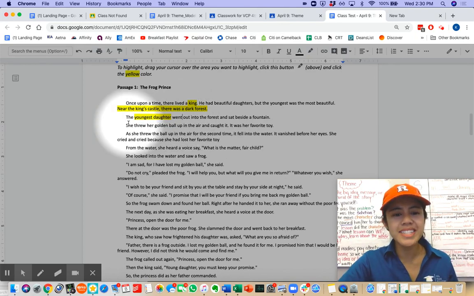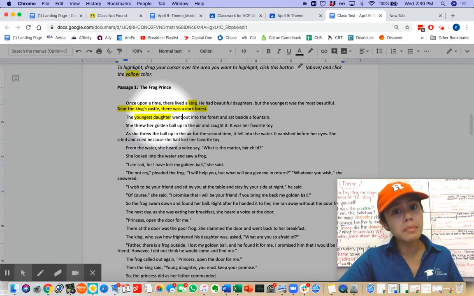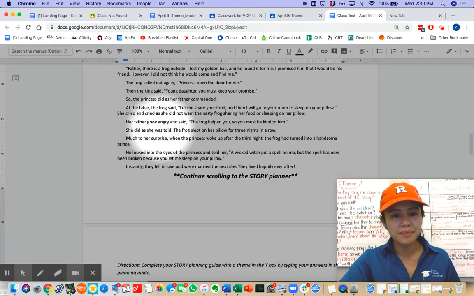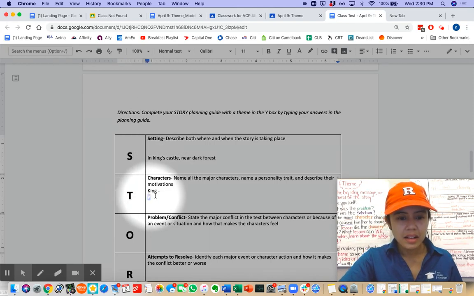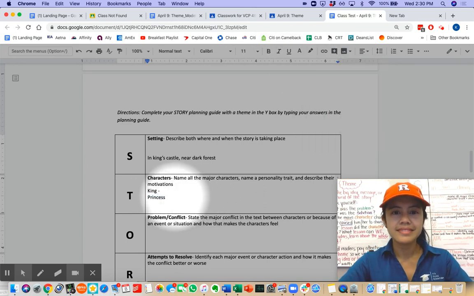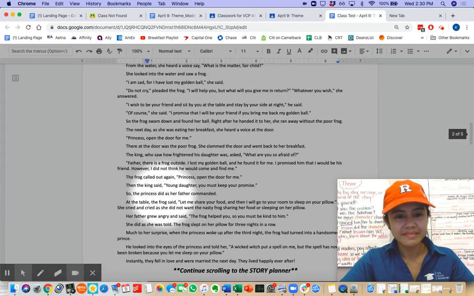I know from my schema that the youngest daughter of a king is probably called a princess, so I can just write princess in my planner. Let's keep reading.